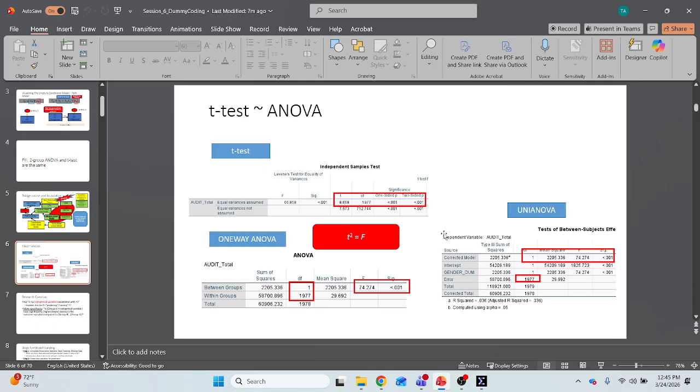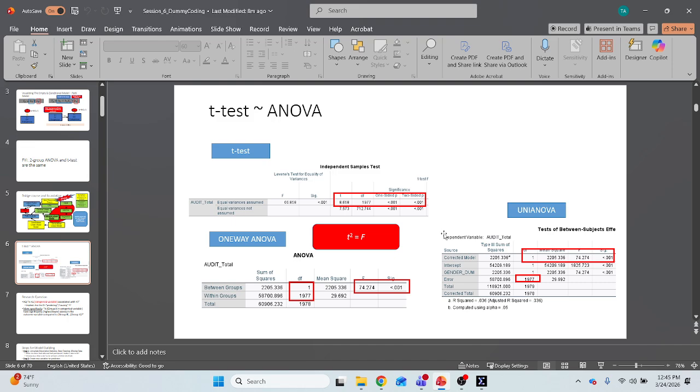Yes. If I ran the same thing with ANOVA, I get this F over here and this p-value, which is less than 0.001. Is there a significant difference between males and females? Yes. See, here's the thing. A t-test is just a subspecies of ANOVA. They're exactly the same. If you run an ANOVA with two groups, that's automatically a t-test.